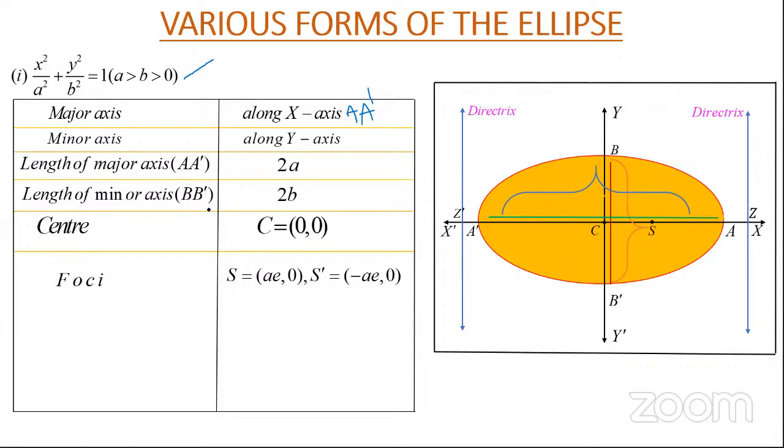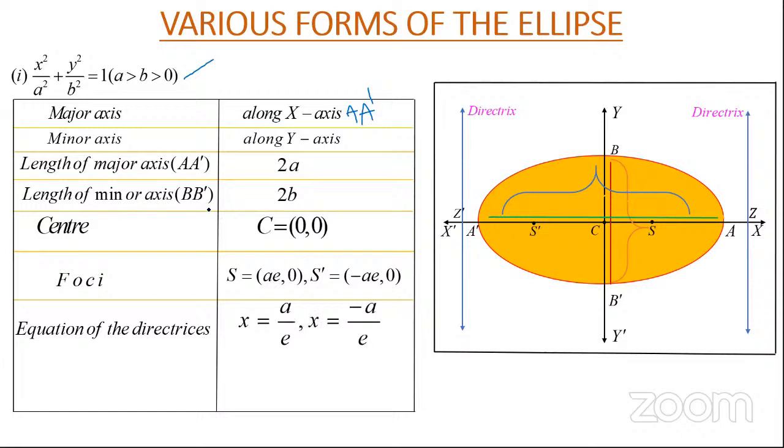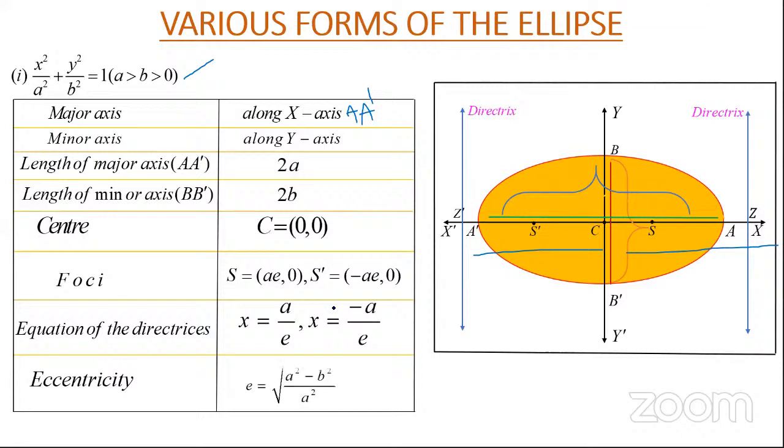Then the equation of the directrix is x equal to a by e, from the standard form; this value is a by e and this value is minus a by e. Then the eccentricity e equals under root of a square minus b square by a square. Sorry, there was a mistake earlier.